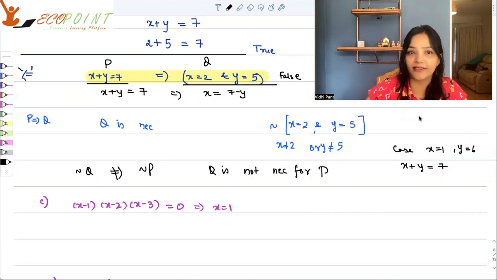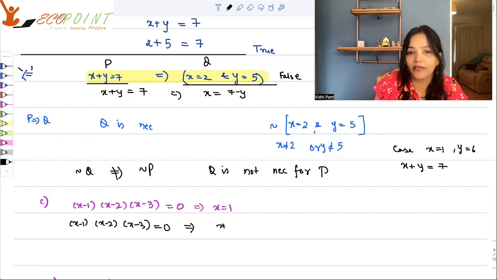Next question is, the product of x minus 1, x minus 2, x minus 3 equals 0. That implies x is equal to 1. What do you think? Is this implication correct? If you start with x minus 1 into x minus 2 into x minus 3 is equal to 0, okay?